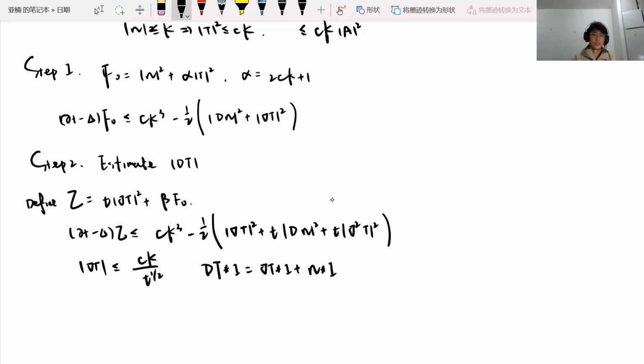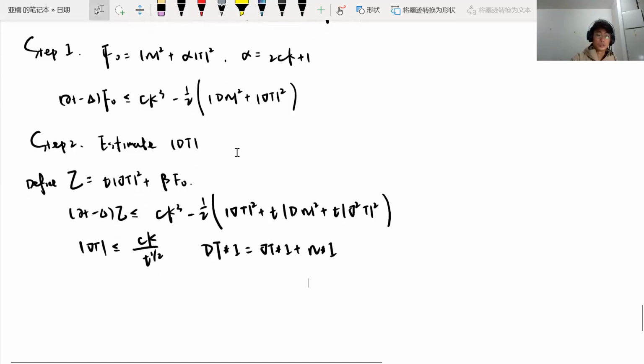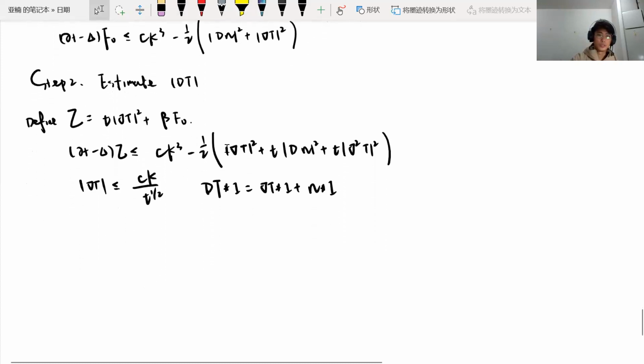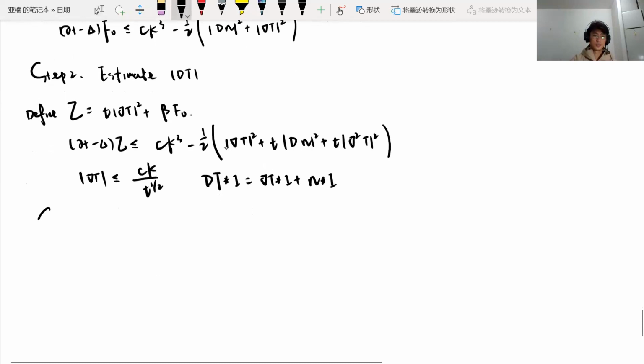So we obtain the estimates of the gradient of T, and then we need to consider a pair of the functions.